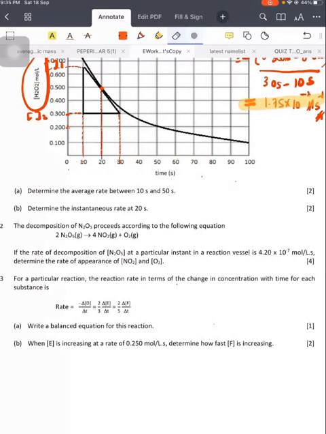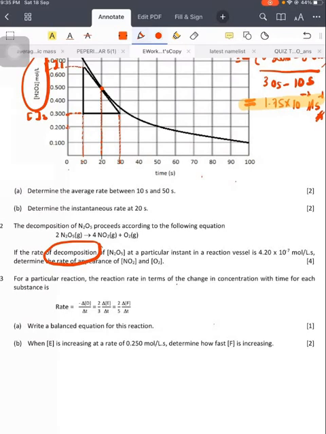The word decomposition here means it breaks down, dissociating into NO2 and also O2. It says determine the rate of appearance of NO2 and also O2.